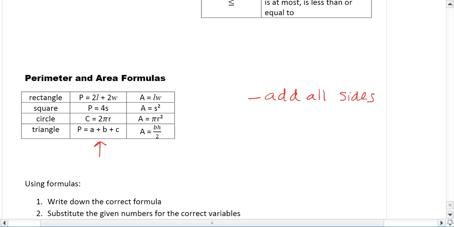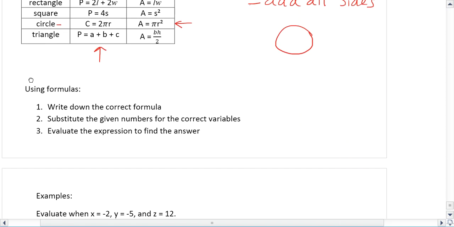We do not use the word perimeter with a circle, we use circumference. The word circumference just means the distance around the outside of the circle. So you might want to write down these circle ones because those might not be so familiar, and we do use them in our assignment.